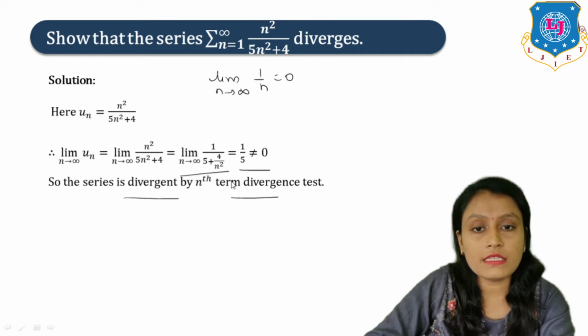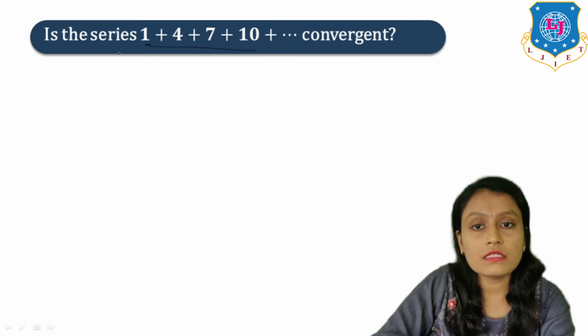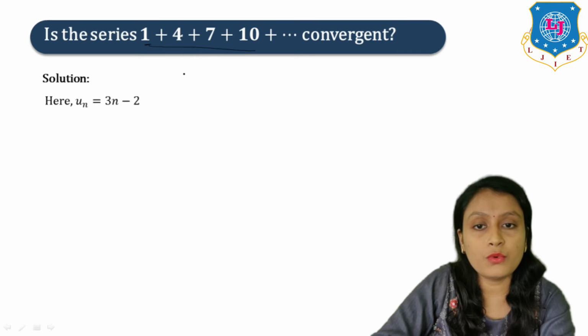Okay, next. Is the series 1 plus 4 plus 7 plus 10 plus and so on convergent? So we will check whether the series is convergent or not, right? Now here all the numbers are given. So firstly we will find un. Okay, so the formula to find un is this, that is Tn is equal to a plus n minus 1 into d.